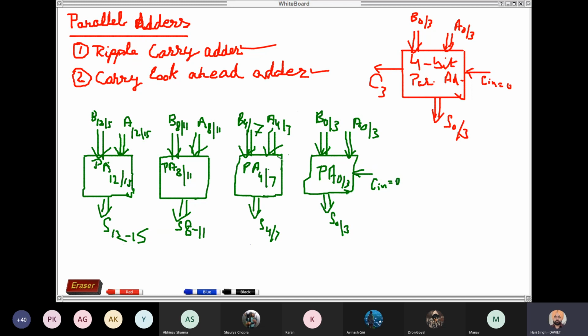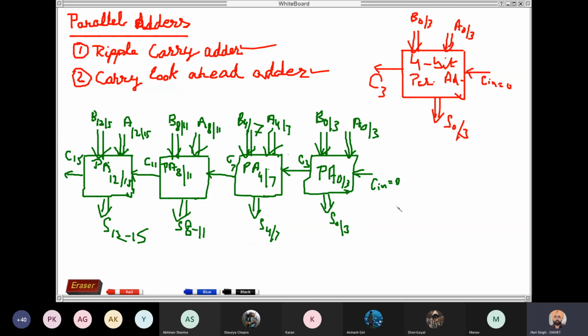The carry generated by the first adder will be C3, and it will be given as input to the next adder, and the carry generated by the second adder will be C7, given as input to the next adder. Similarly, the carry generated by the third adder will be C11. Then finally, the carry generated by this adder will be C15.